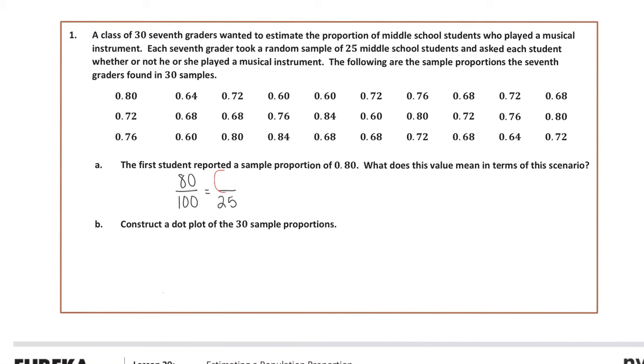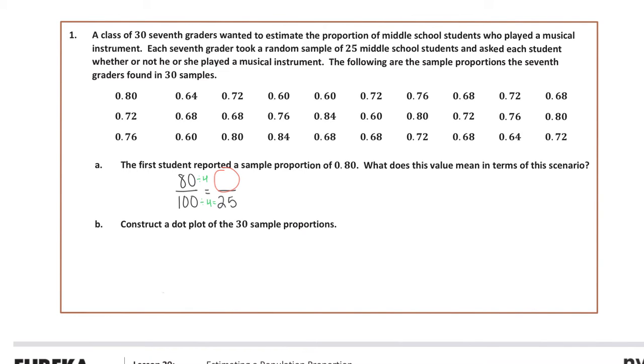Again, what we need to find here is the number of students that said they did play a musical instrument. So as I look at my denominators, how would I go from 100 to 25? Well, I can divide 100 by 4, which is 25, and so I'm going to do the same thing above.